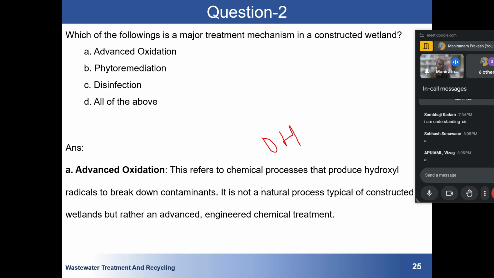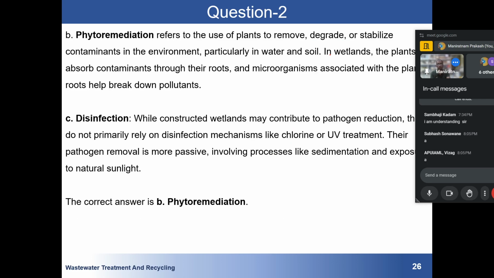It is a kind of disinfection process where we produce these radicals and introduce them into our water, and it will remove any kind of contaminants or biological matter that is there. So this is not happening in our constructed wetlands.